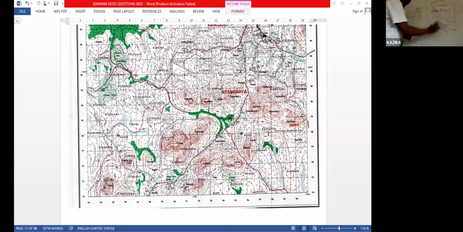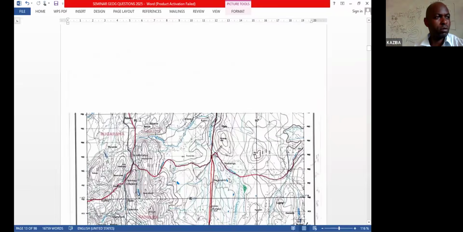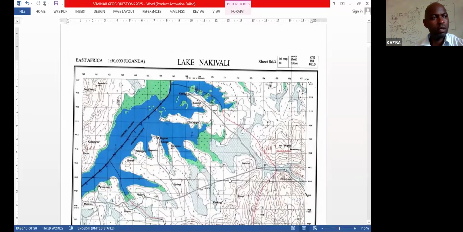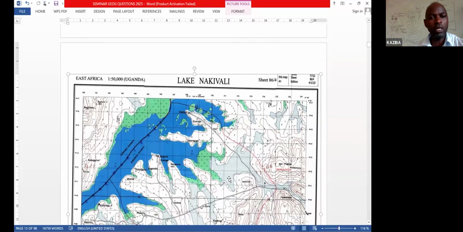Now, after knowing these relative features, you can describe relationships on the map. For example, let's look at this lake. I think that is Lake Nachivari. Yes.